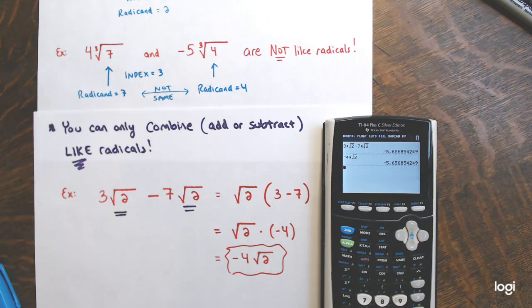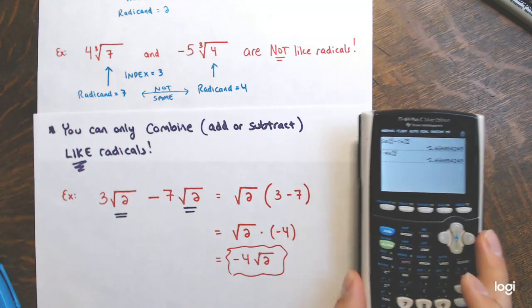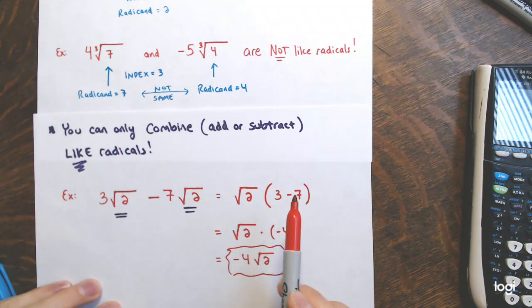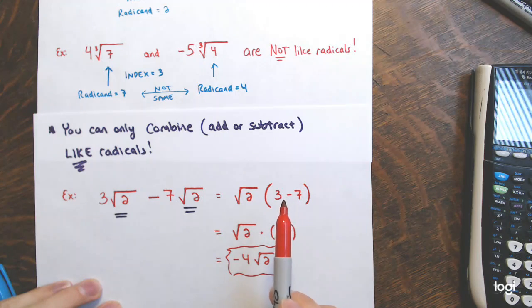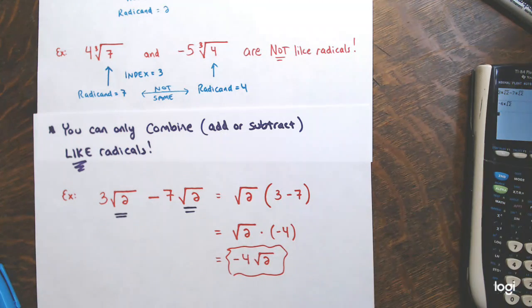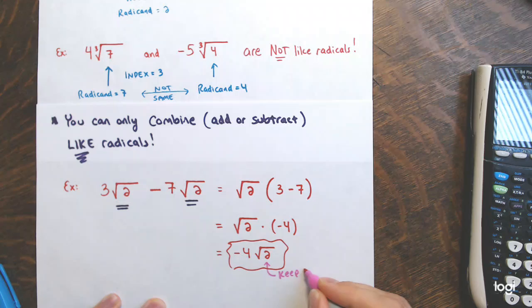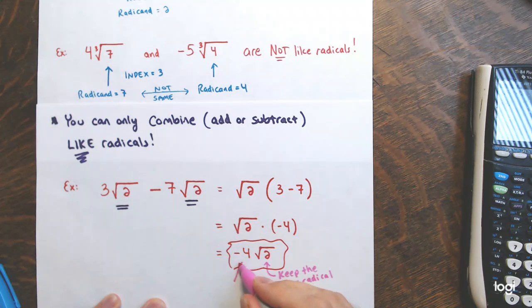I guess another way you could say this is, I factored out square root of 2 and then combined what was left over. Or you could think of it this way, where you keep the like radical as a factor, and then the other factor is just combining the coefficients of the radicals.